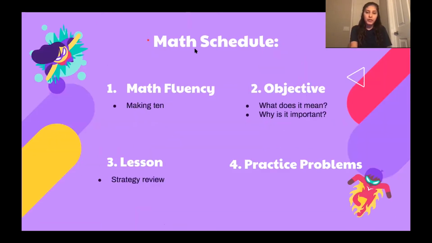I'm going to move my screen back to the corner. So our math schedule for the day. First thing, we're going to have math fluency. We're going to be making 10, and then we're going to go over our objective. It's going to go over what does it mean, why is it important, and then once we're done with that, we're going to the lesson, which is just going to be strategy reviews.